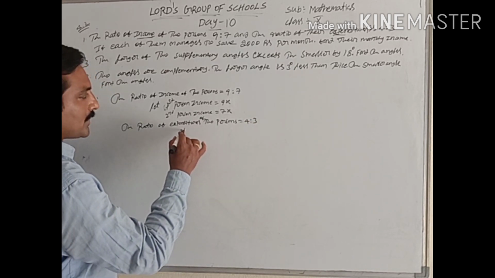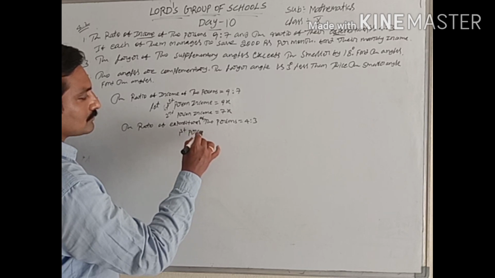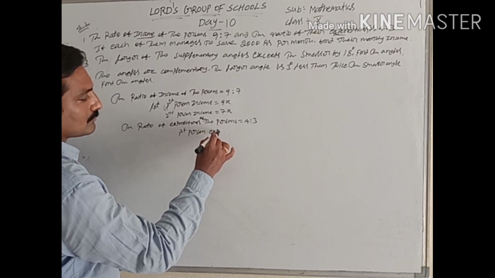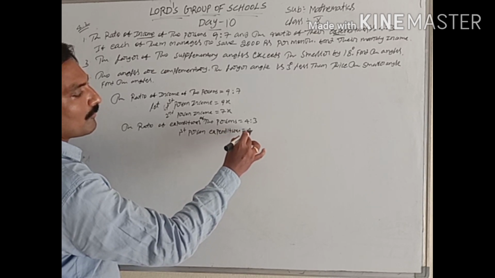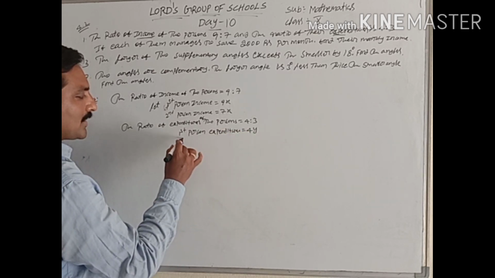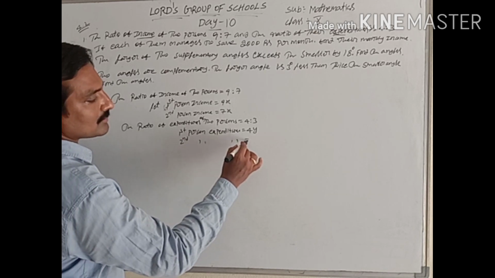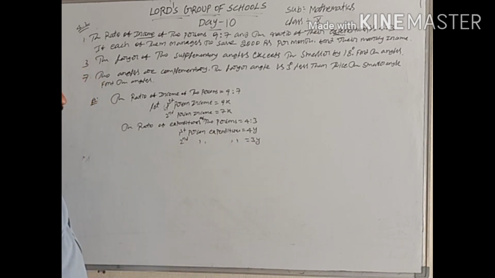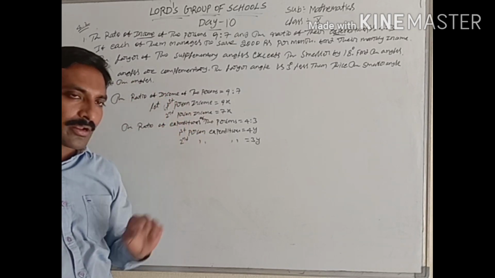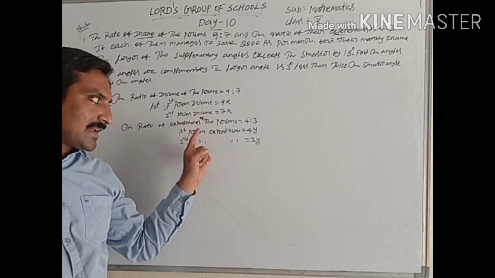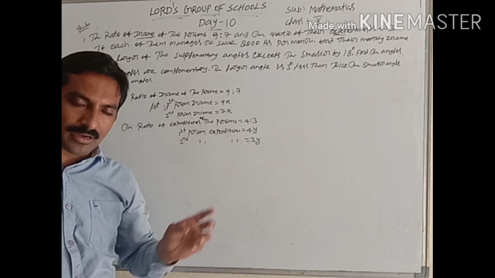First person's expenditure is 4y rupees, second person's expenditure is 3y rupees. Here, okay, the first person's income and second person's income are completed. First person's expenditure and second person's expenditure are completed.